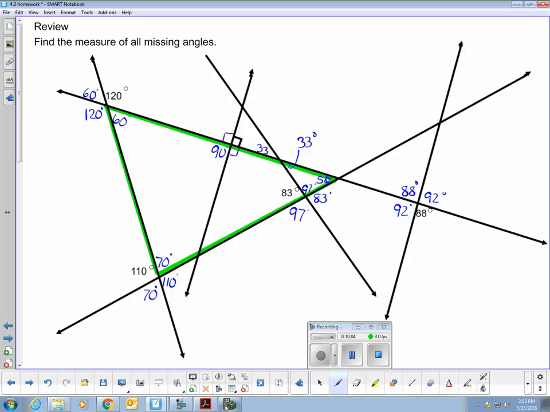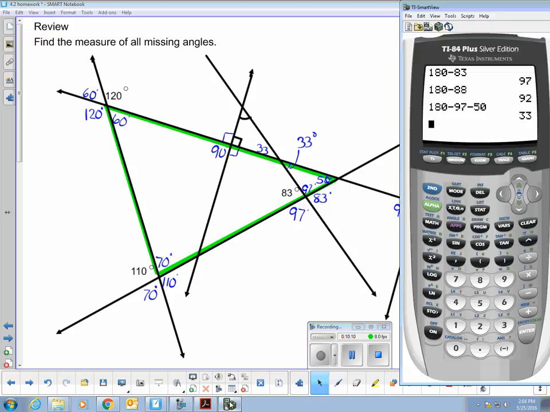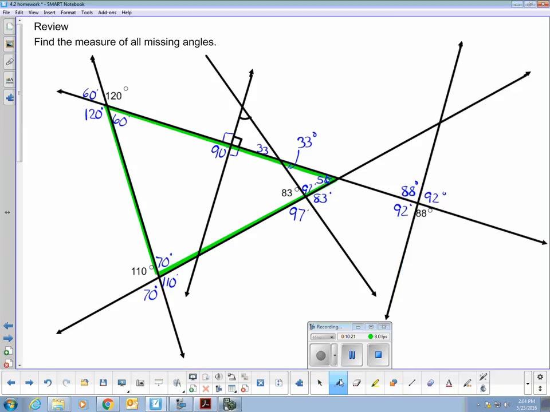And then I'm going to find the measure of this missing angle. So one of the angles is 90 degrees in that triangle and 33 degrees, which leaves this angle as being 57 degrees. Now I can come down and find the measure of this missing angle.